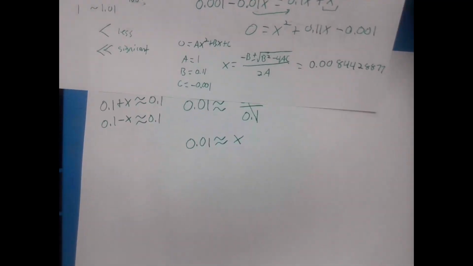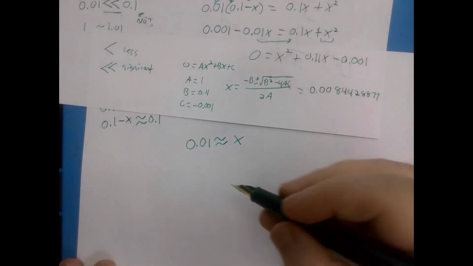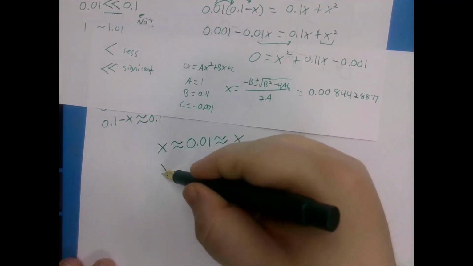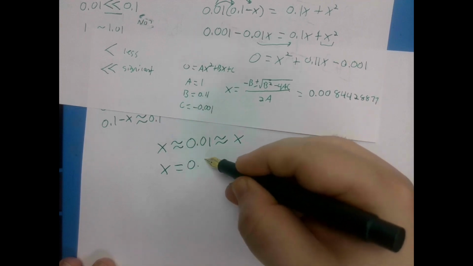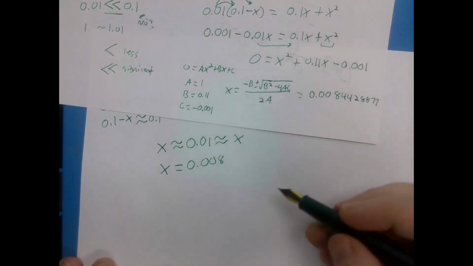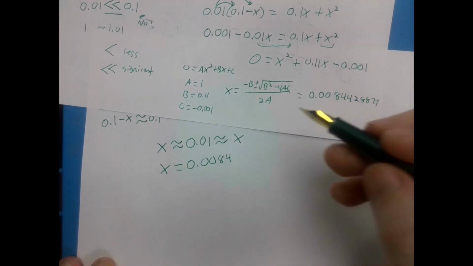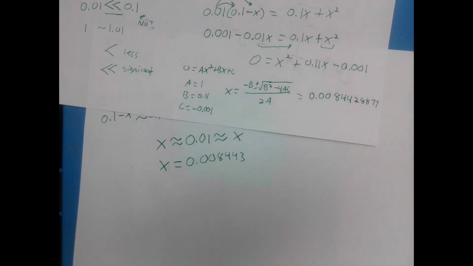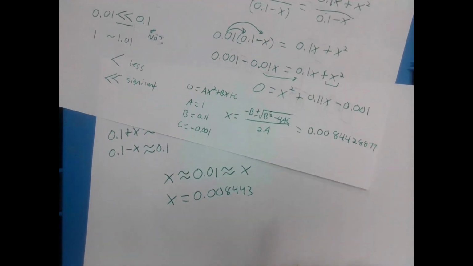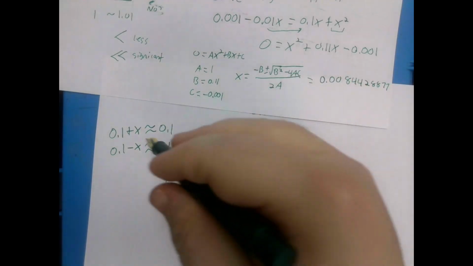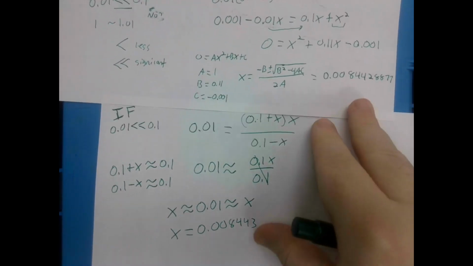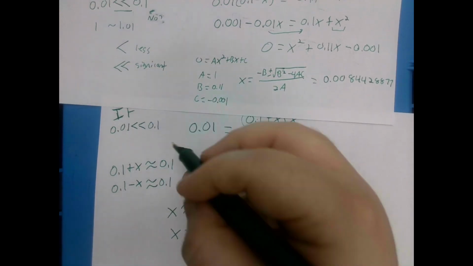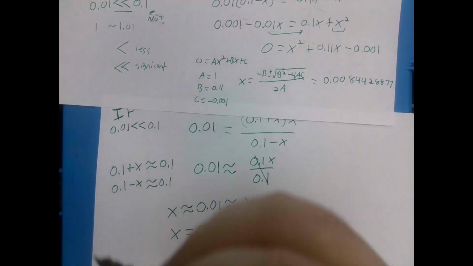And the real value, calculating it, x is exactly 0.0084, and I'll round it to this many. So you're off by 15 to 20%. That's why I would have to solve this. This is a magnitude of 1. It's only off by 1 digit.